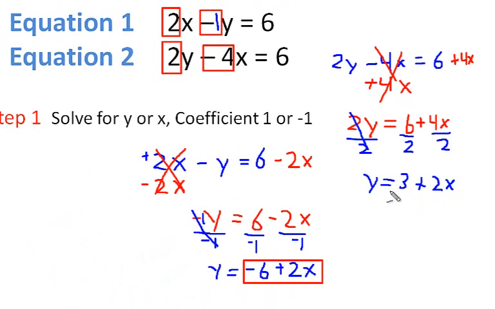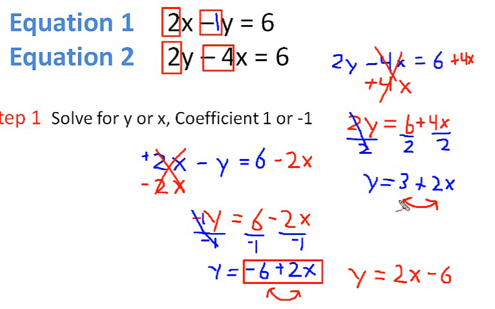Okay, so these are both my equations. I'm going to go ahead and flip or switch these terms here so they're in the form y equals mx plus b, slope-intercept form. So rewriting this equation here, I would have y equals 2x minus 6.